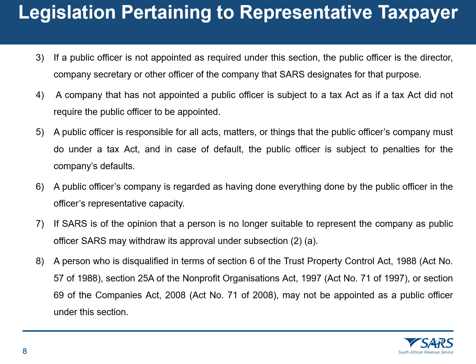A person who is disqualified in terms of section 6 of the Trust Property Control Act 1988, Act number 57 of 1988 as amended, section 225A of the Non-Profit Organization Act 1997, that is Act number 71 of 1997 as amended, or section 69 of the Companies Act of 2008, Act number 71 of 2008 as amended, may not be appointed as a public officer under this section.